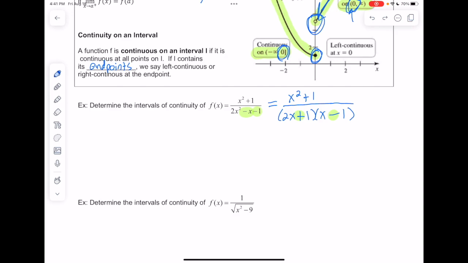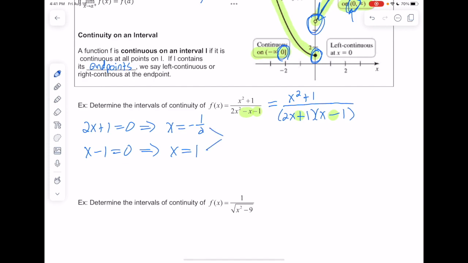So we now have two discontinuities, right? Coming from the denominator. If 2x plus 1 equals 0, that would mean x equals negative 1/2. That's going to be a discontinuity. And if x minus 1 equals 0, that's going to mean x equals 1, and that's a 0 denominator, so that would be a discontinuity.